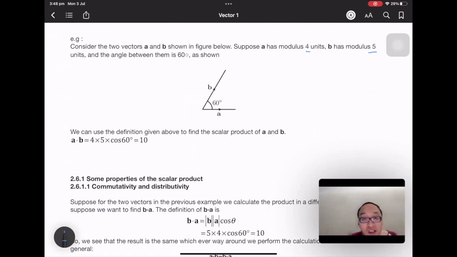By using the definition of a scalar product, the scalar product of A and B equals magnitude A times magnitude B times cos theta, the angle between A and B. So it's 4 times 5 times cos 60, which equals 10. So you can see that 10 is just a number. So it's a scalar, not a vector.